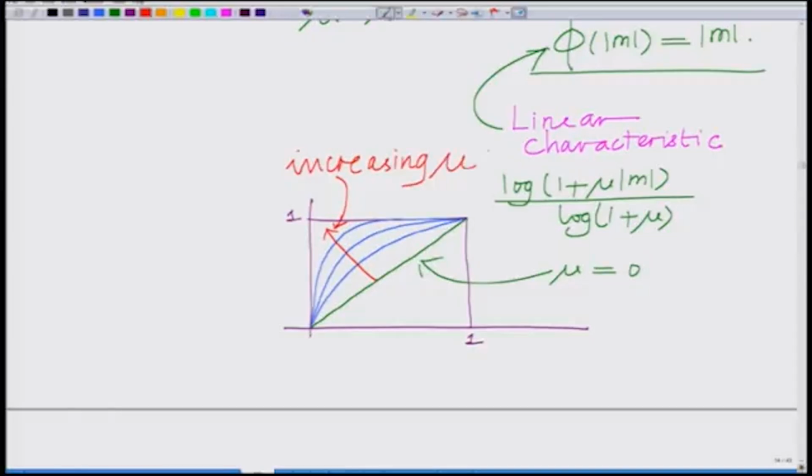As mu increases, it becomes more and more concave.